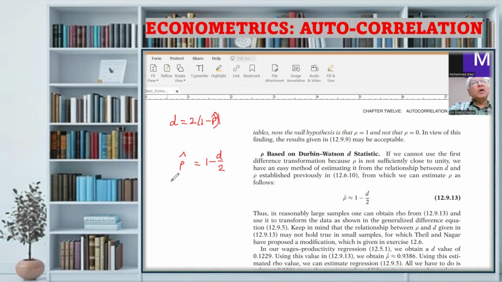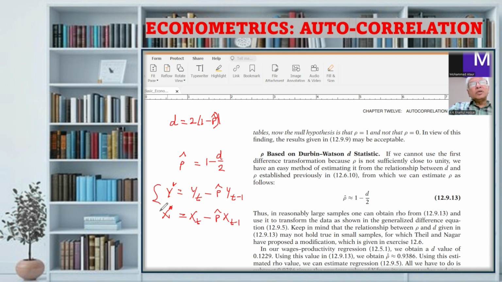And if I estimate rho hat, I know what y star is. What is y star? It is equal to yt minus rho hat yt minus 1. I don't have to assume rho is equal to 1. I also know what x star is. X star is equal to xt minus rho hat xt minus 1.